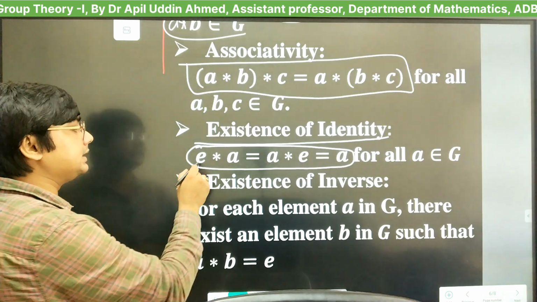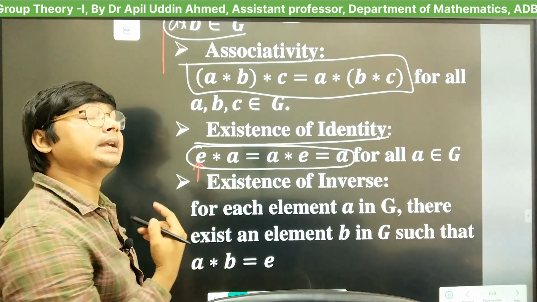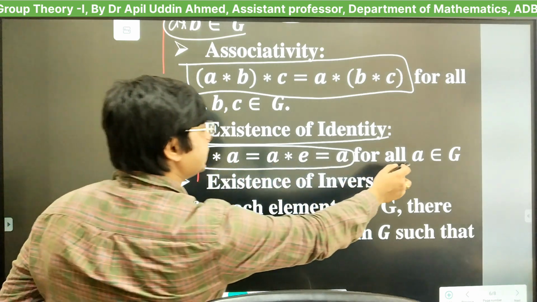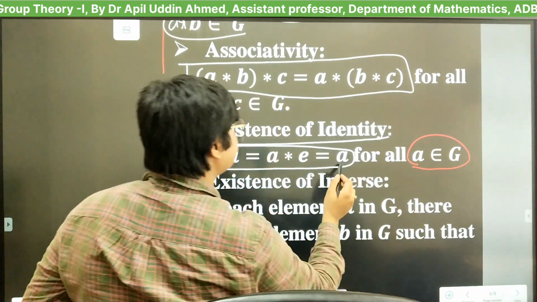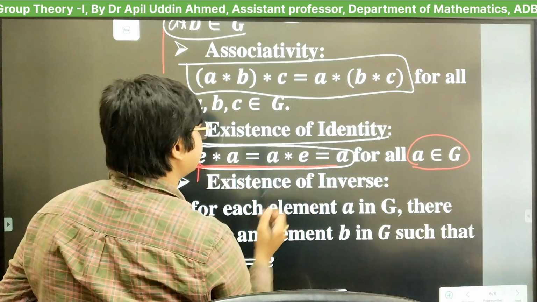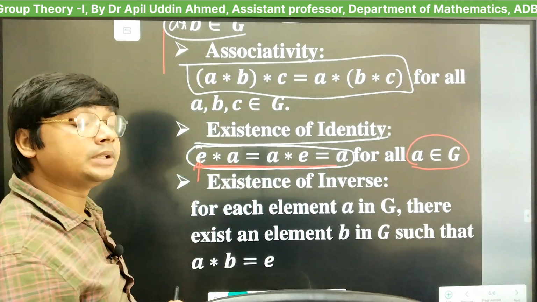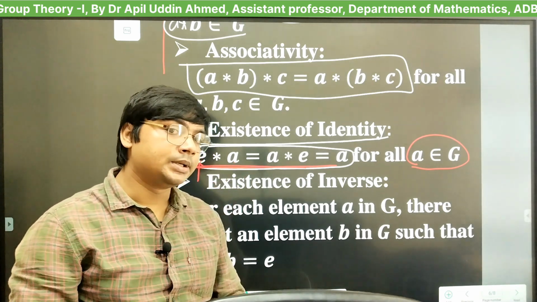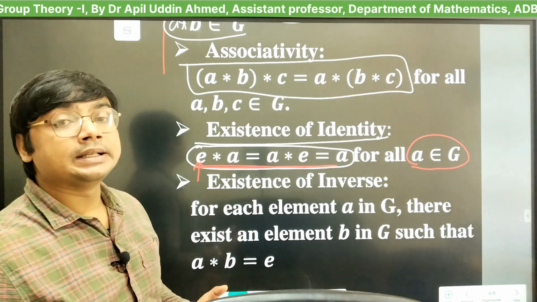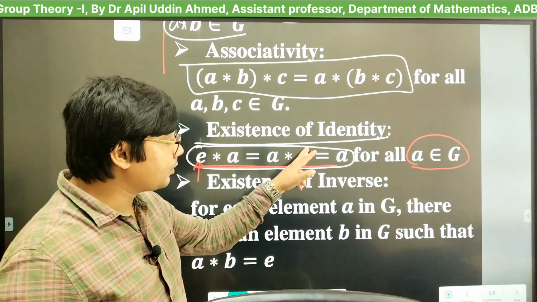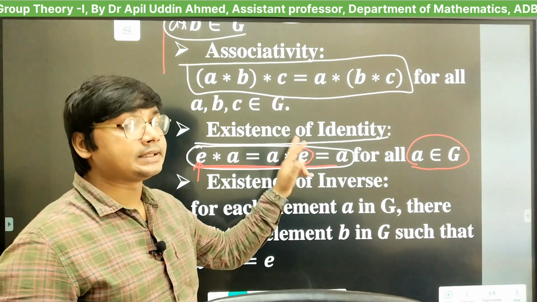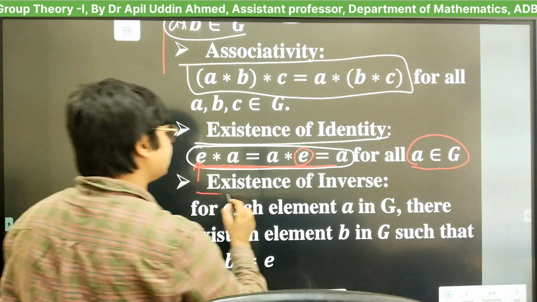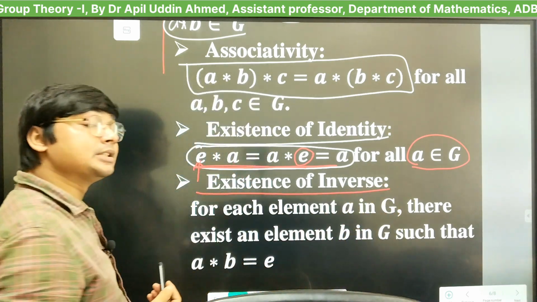E is called the identity element if for any A belonging to G, E star A equals A star E equals A. The existence of identity means this type of identity element must exist in G with respect to this operation. Another property is the existence of inverse.